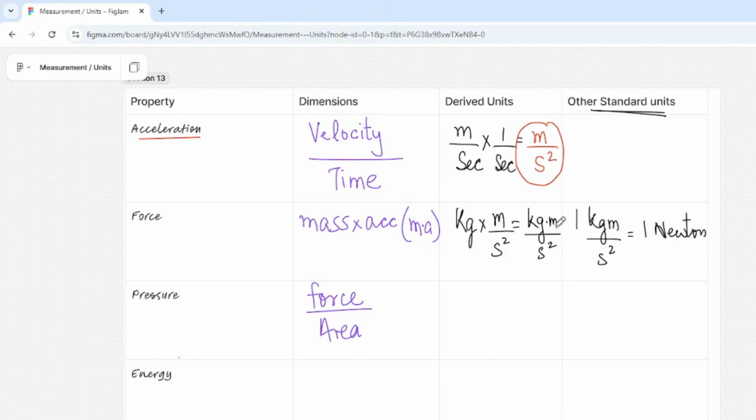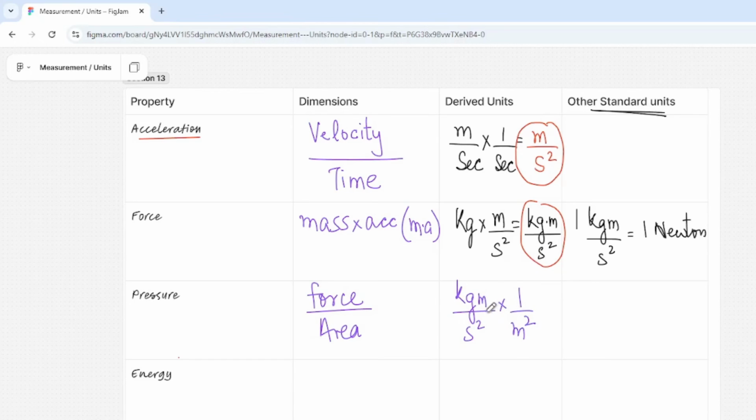Force we have seen, we have found that the derived unit for force is kg meter per second square. So we can write kg meter per second square divided by area. Area we can write meter square, 1 upon meter square.